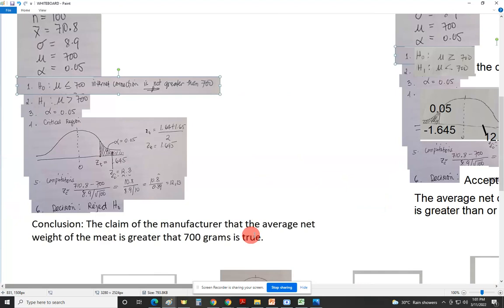Conclusion number one. The same? Yes or no? Ang sinabi niya lang is not equal to 700 grams. Is that the same with the first conclusion? So first natin, the second example, I mean. Yes or no? Okay, the same. Kasi ang nilagay dito, the conclusion is greater than 700 grams. And greater than 700 grams is not equal to 700. Okay? True pa rin siya. How about this one?